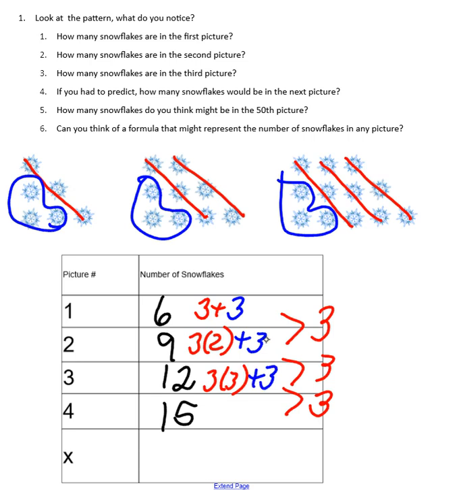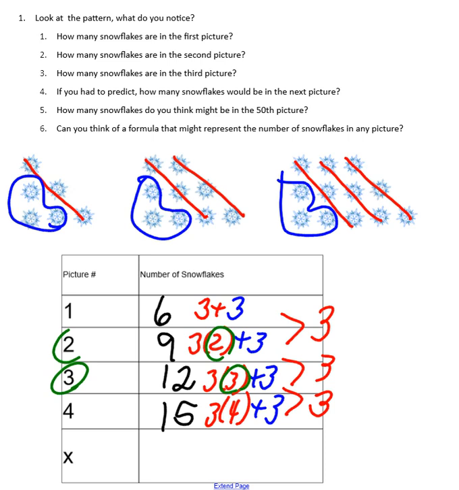So we can use that to help us make an equation. Notice the connection between this number and this number here. Okay, so the next one, if we were to draw it, would have 4 diagonal rows of 3 plus the 3 in the L shape.